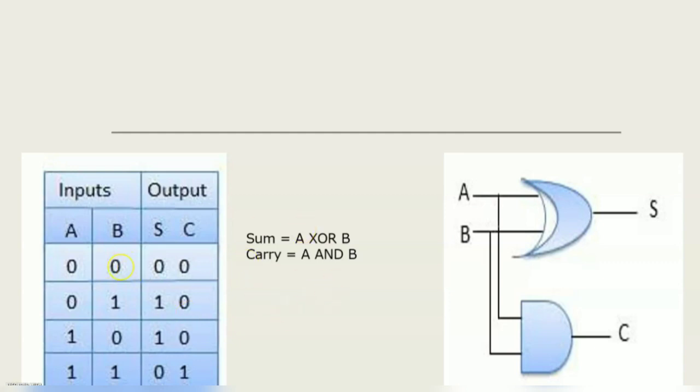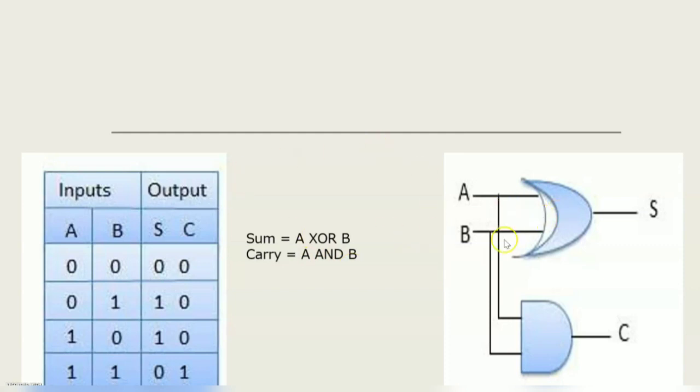Now if you write it as a logical expression, with A and B as the inputs, the sum is A XOR B. You get this expression by drawing the K-map or simplifying the sum column. For the carry, the logical expression is A AND B, that is, if you perform the AND operation on the two inputs, you get the carry.